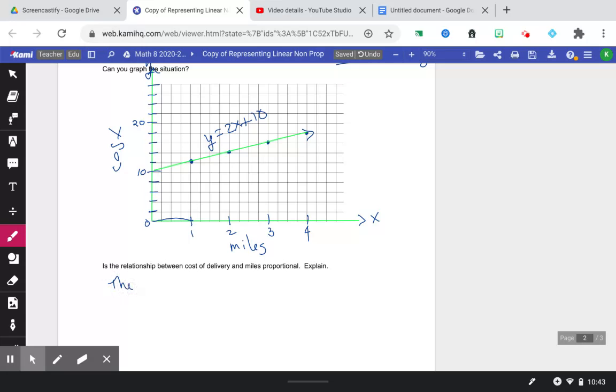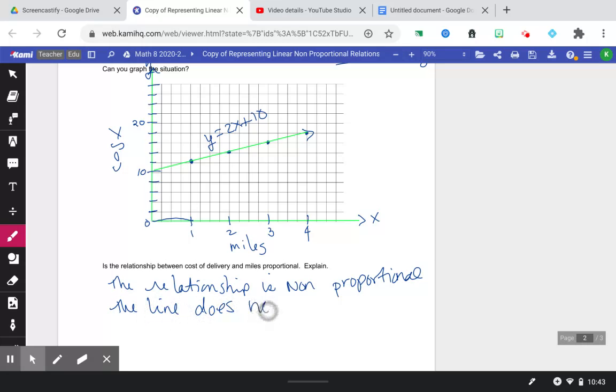So the relationship is non-proportional. The line does not pass through 0, 0.